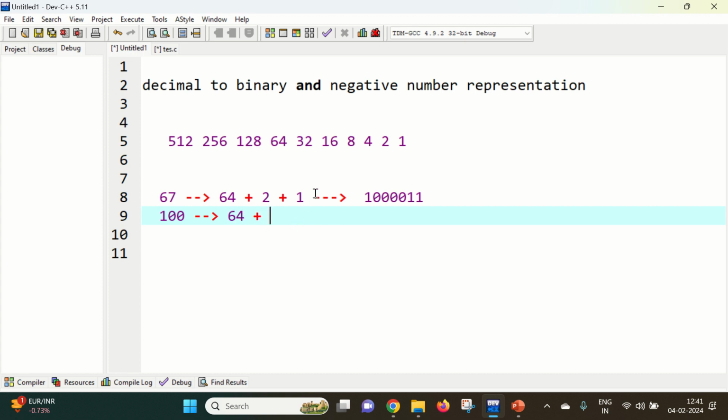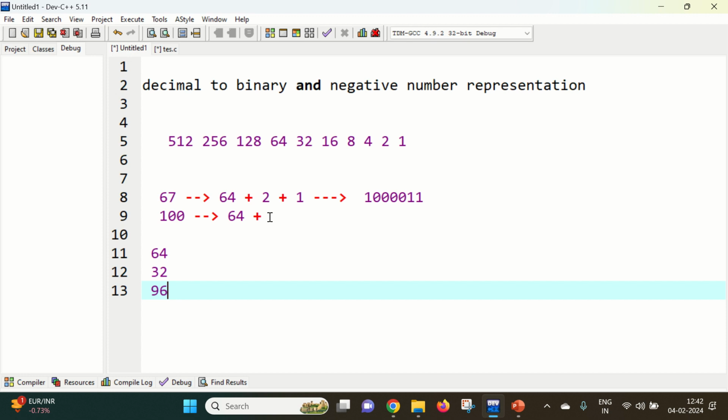After that, if you add 32, then 64 plus 32 becomes 96. And to 96 we have to add one more number, that is 4.